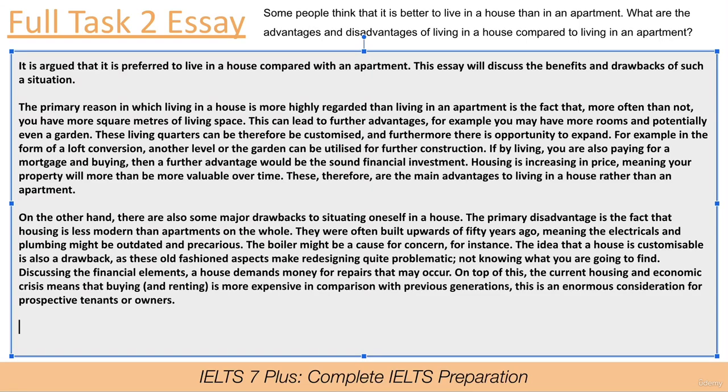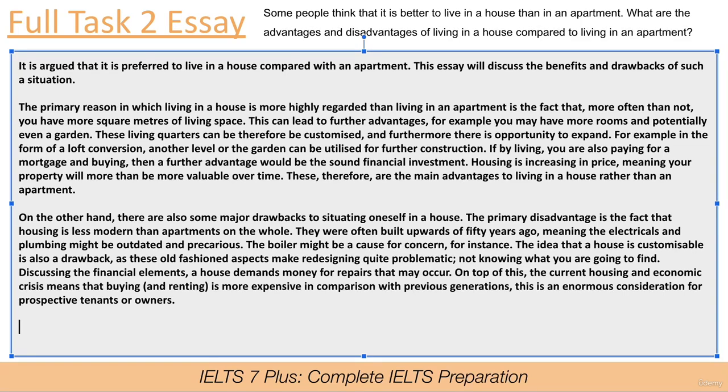Okay, let's have a read of this back and see how we're doing. On the other hand, there are also some major drawbacks to situating oneself in a house. The primary disadvantage is the fact that housing is less modern than apartments on the whole. They were often built upwards of 50 years ago, meaning the electricals and plumbing might be outdated and precarious. The boiler might be a cause for concern, for instance.